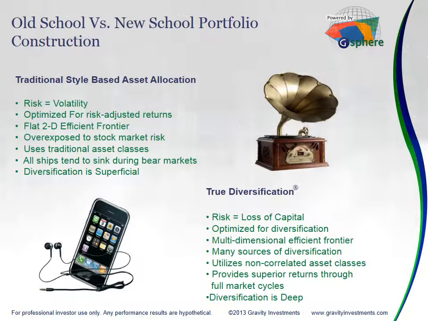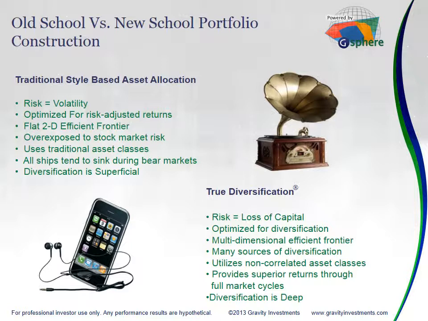In true diversification, risk is free to be estimated in whatever manner the manager best deems could possibly map to the probability of losing capital, and really frees it from volatility, where it's been stuck for the last couple decades.